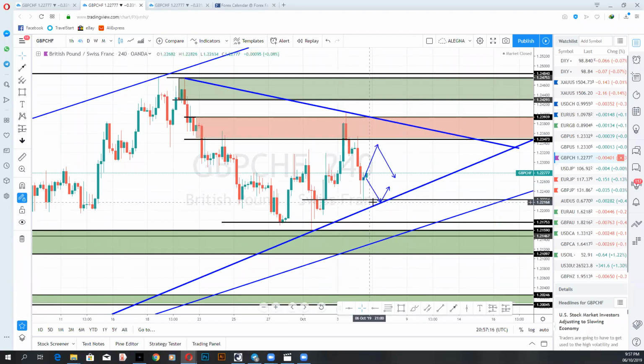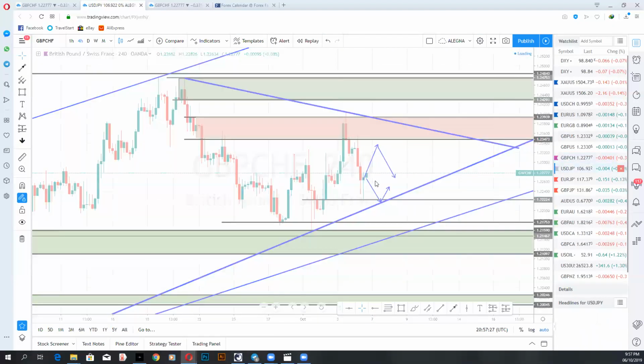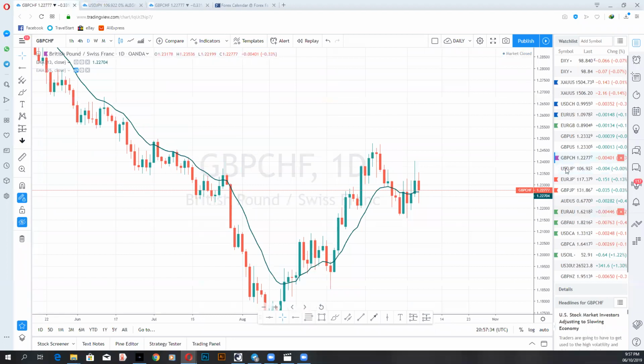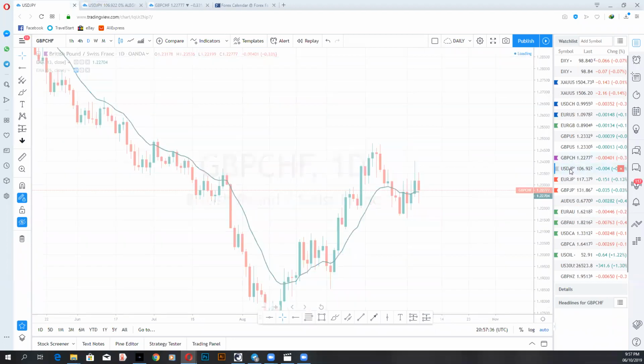As you can see, this place has already held as support. So this is your top support, this is your resistance. You wait for price at either of these value points to take a decision based on the price action patterns that you get at those levels. So the next pair we're going to look at is the USD JPY.